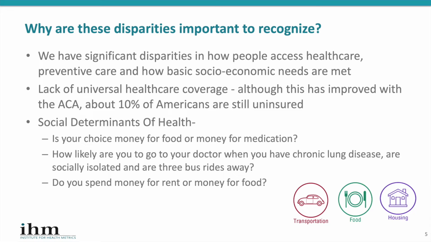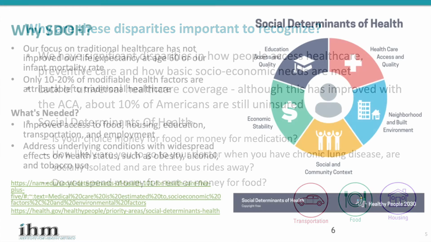And the social determinants of health can really be expressed as simply as somebody having to ask themselves, do I use the money I have today to pay for food or to pay for the medication that my doctor prescribed for me? It's really pretty stark in that regard.